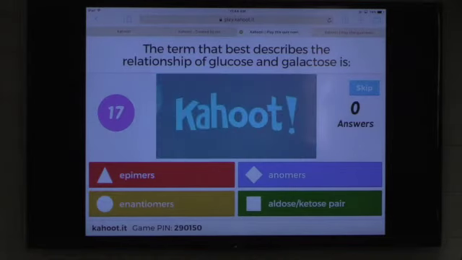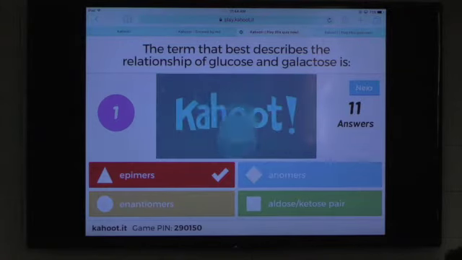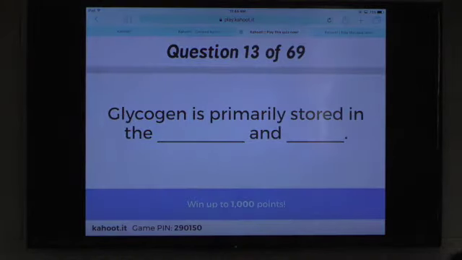This is all in the notes. Isomers. And I put that in the notes for you, worded exactly like that.